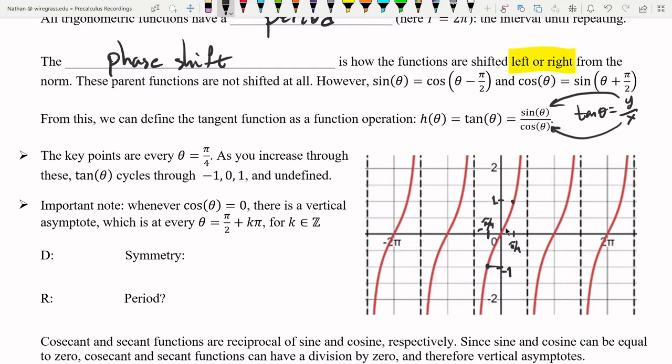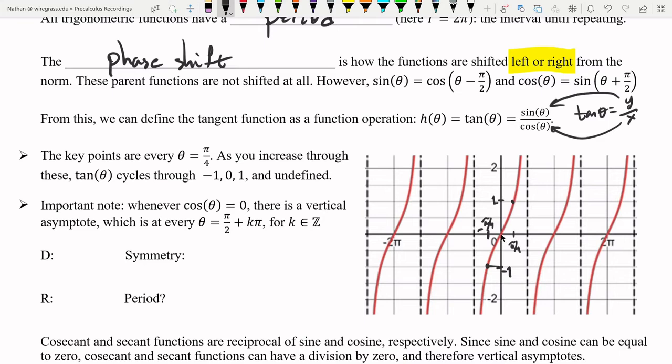That's because at pi over 4, this is at 45 degrees, sine and cosine equal root 2 over 2, and the cosine of pi over 4 equals root 2 over 2. So sine divided by cosine, it's the same thing divided by each other. That's just 1. And similarly for negative pi over 4, in that case, sine is going to be negative, so you get negative 1 instead of positive 1.